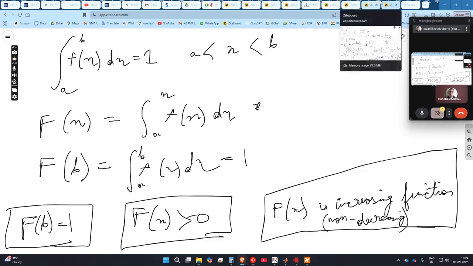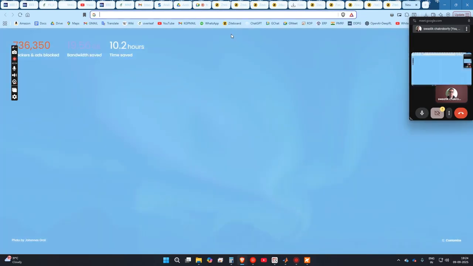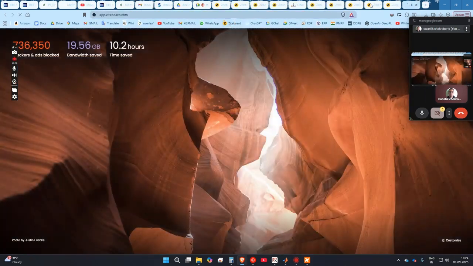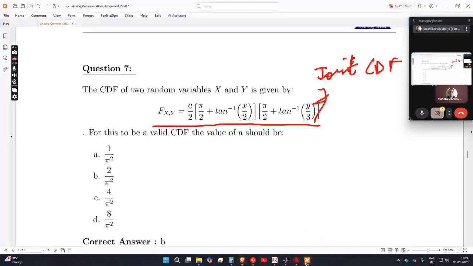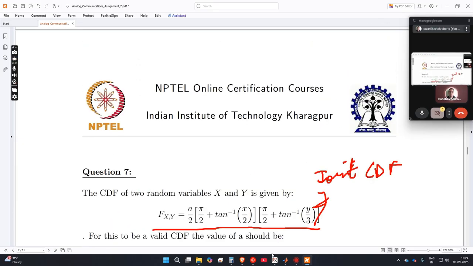Okay, next. Now, for this function, the range is not given.